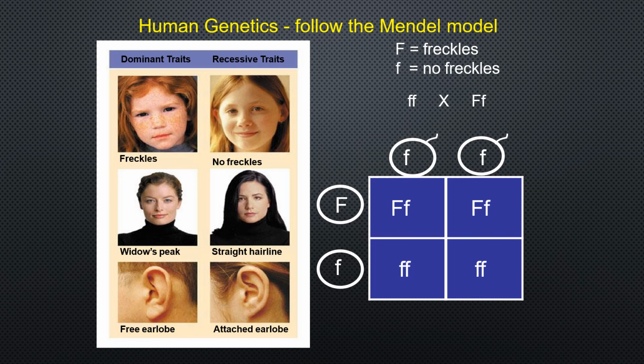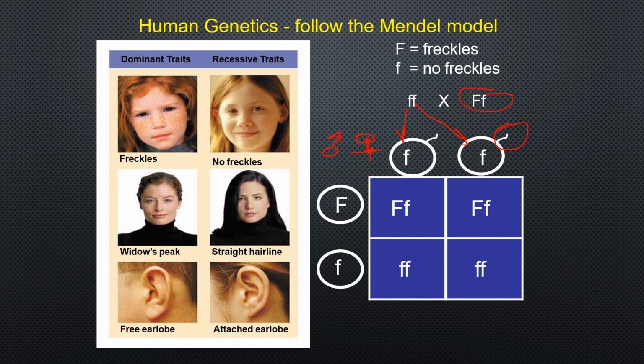Okay, so let's say then that mom has no freckles. So she is going to give us 2 egg cells. Oh, you know what I just realized? I did this backwards because this is a sperm, right? So, all right, let's say this is dad then. So sorry, dad. So dad has no freckles, and we are adding 2 recessive sperm.